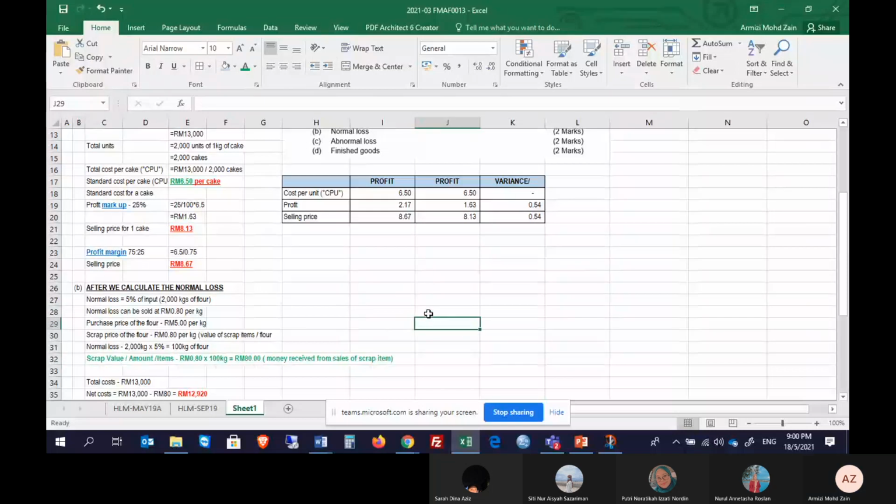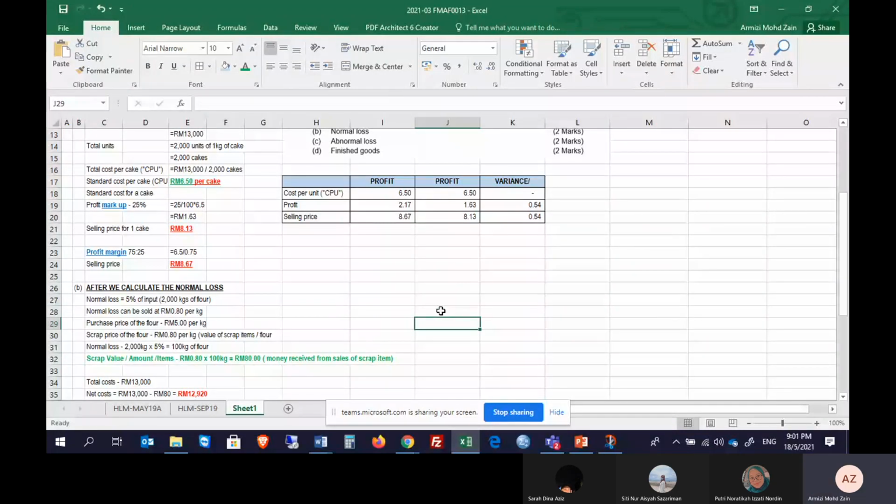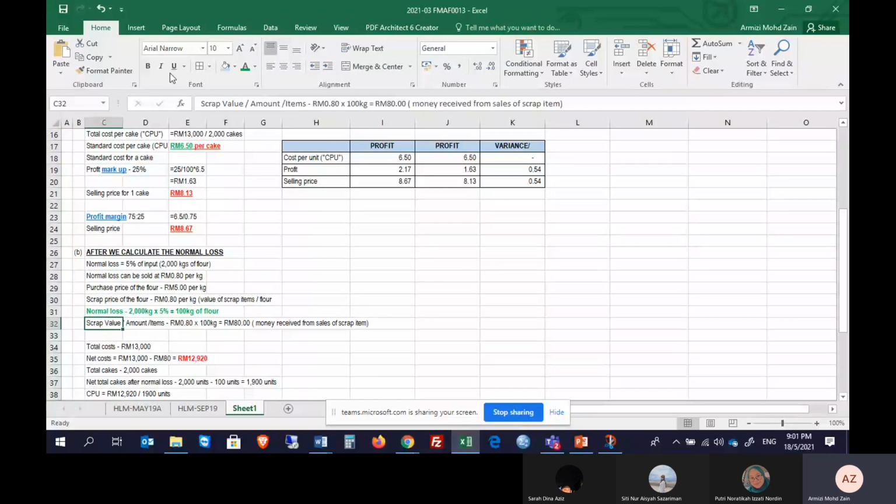Normal loss lah. Ni normal loss value. Normal loss dia dalam ni dalam RM, ni dalam unit.